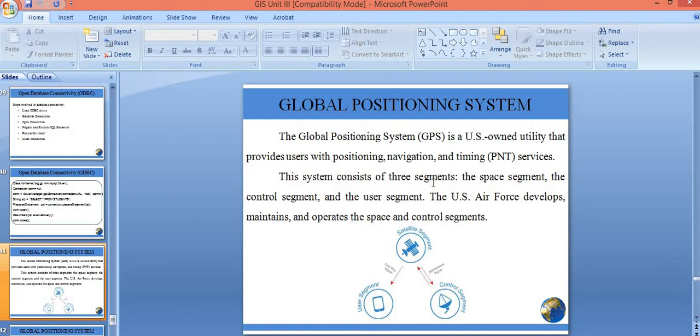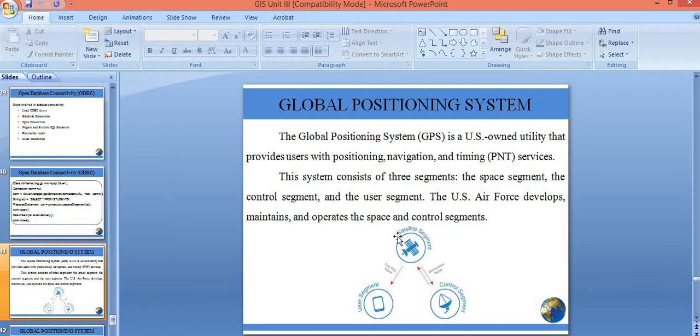How are these services being provided? There are three segments available. Of course, it is a US owned system. There are three segments available: space segment or satellite segment, then control segment, and the third segment is user segment.